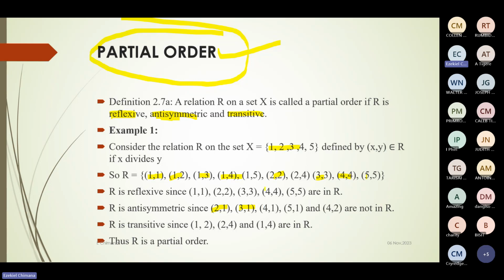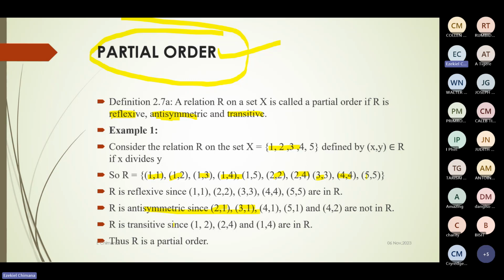We have a (1,5), we do not have a (5,1). Also we have a (2,4), we do not have a (4,2). So the only symmetric pairs are the ones like (1,1), (2,2), and so on. So this one is antisymmetric, if you know, you know.